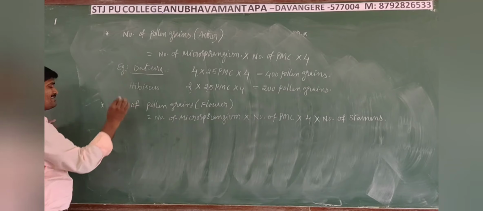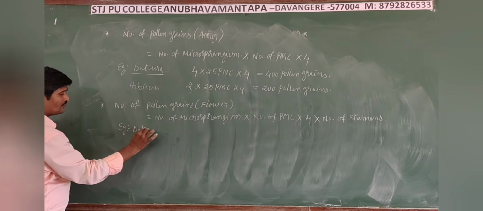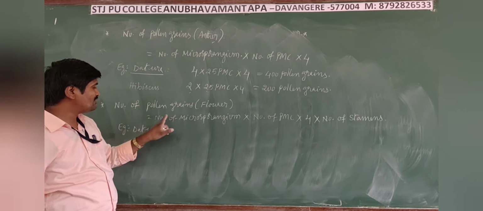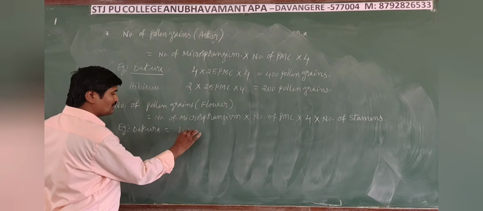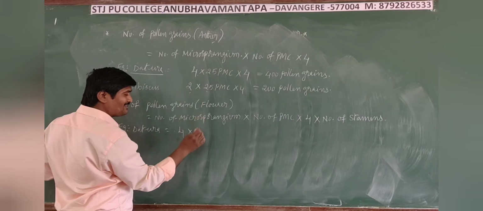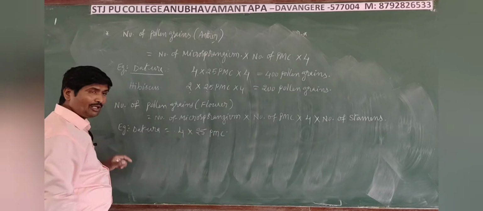Take the same example, Datura. The number of microsporangia, how much? The number of microsporangia is total 4. Each microsporangium contains, taking the same example, 25 pollen mother cells, it is variable.